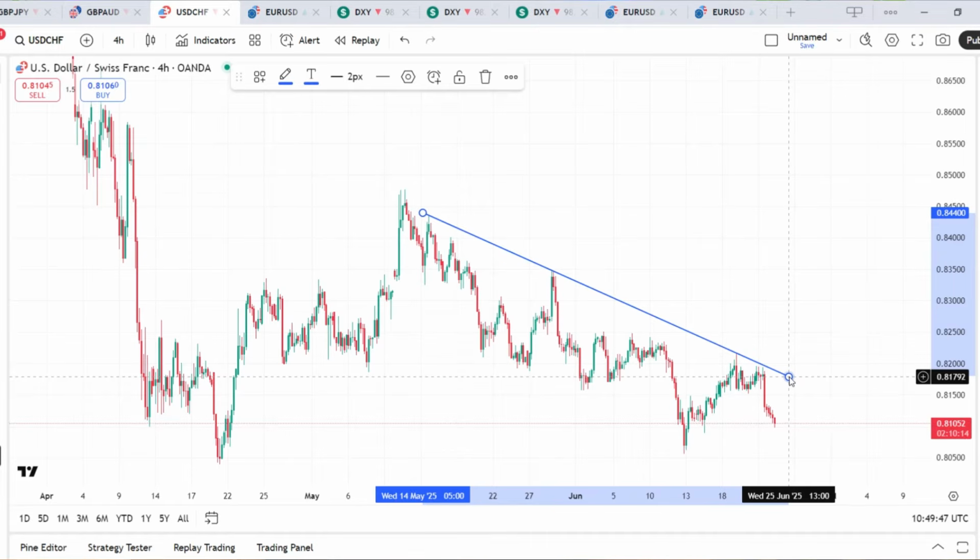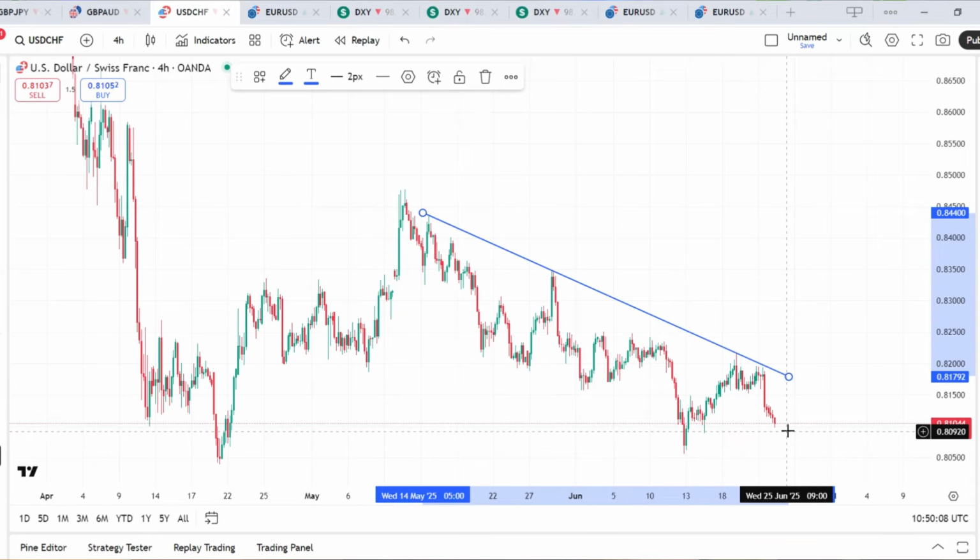It was respected like that. So that is how you draw a trend line. And I also want you guys to take note of the fact that my market has been trending, right? It's going down in a nice bearish market. So that is one of those things.